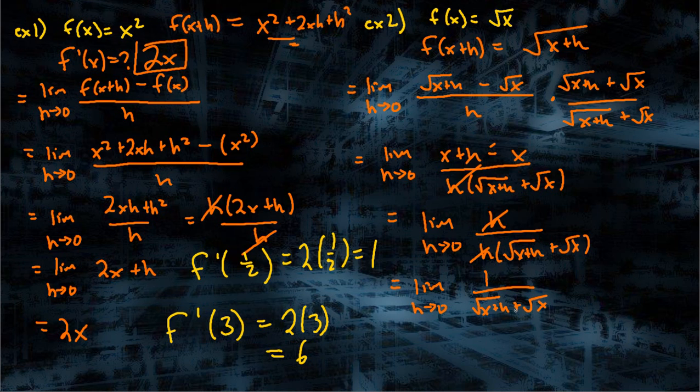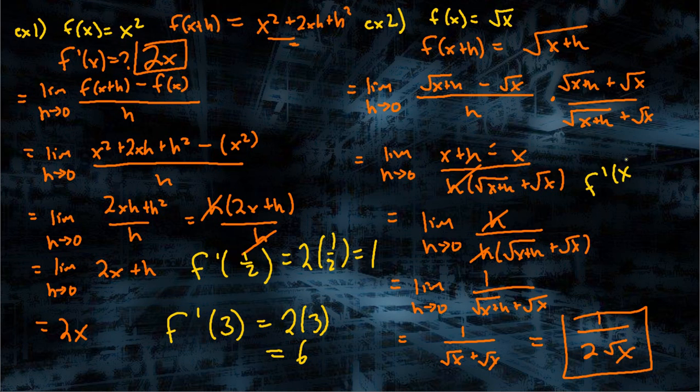Okay, if we put in 0, I get 1 over root x plus root x, which is 1 over 2 root x. So that is my derivative. So I would say, kind of ran out of room here, so I'll change color.